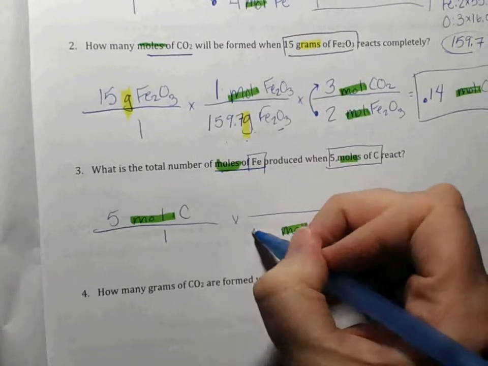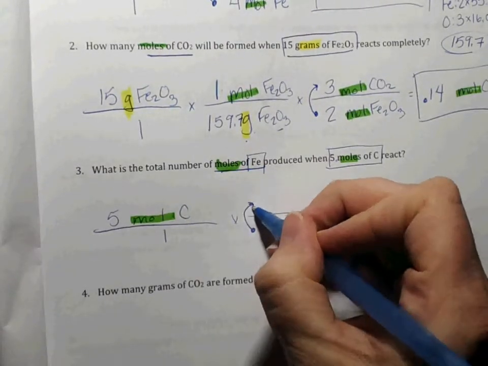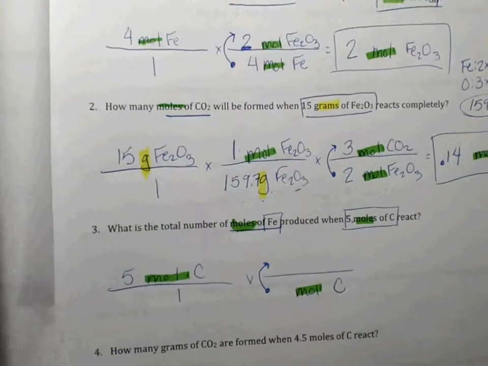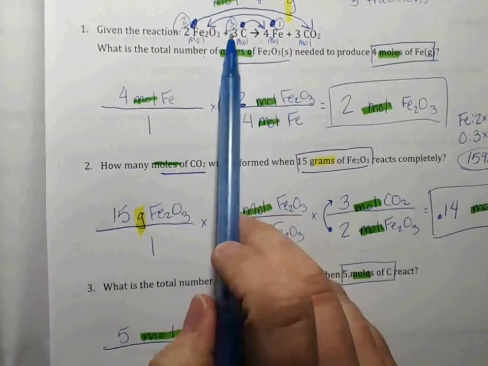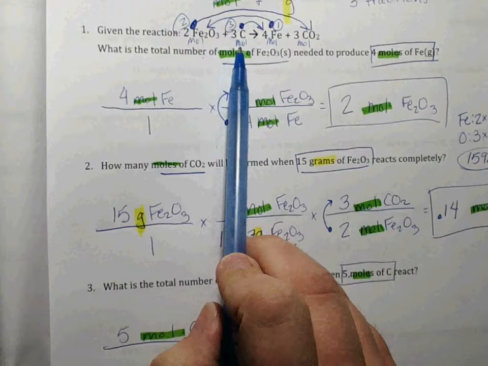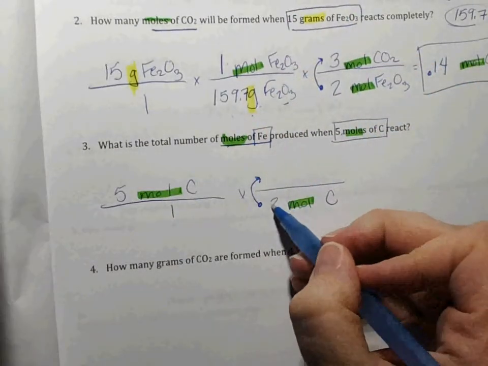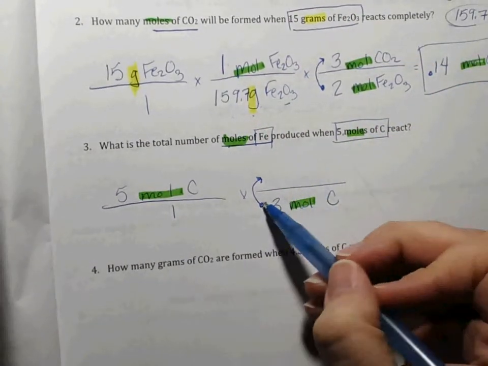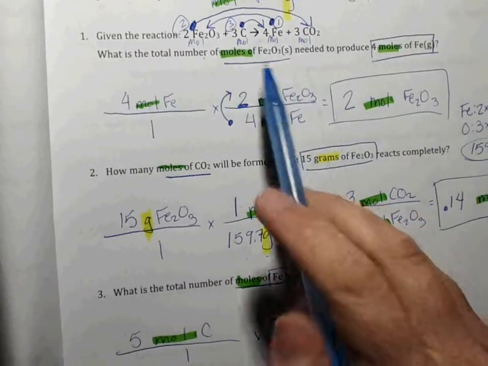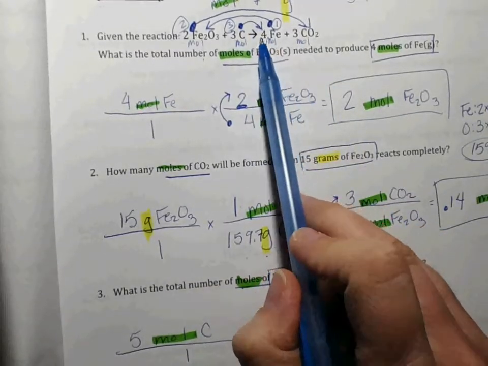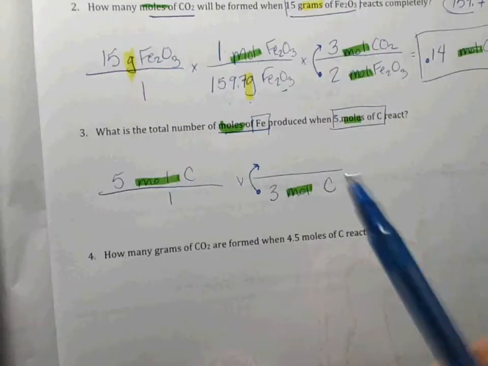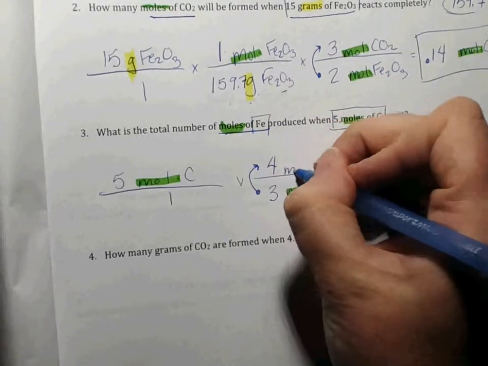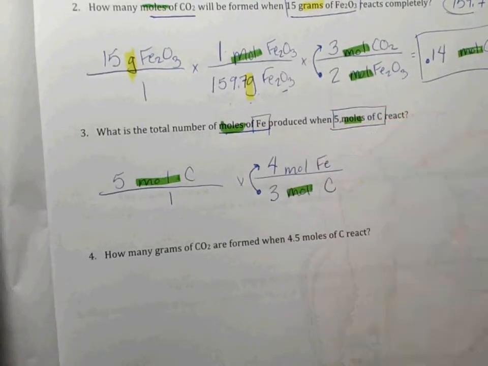When I have moles on the bottom, I'm ready to follow my bridge. So I look at my bridge, it says that I'm starting with 3 moles of carbon, so that 3 is going to come down here. If I follow my bridge to the top of my fraction, it's pointing at 4 moles of iron, which is what I should write on top of my next fraction.